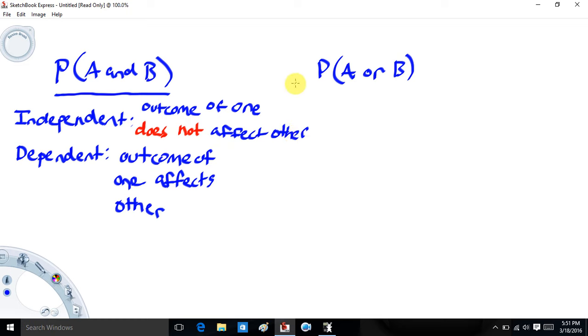Okay, so let's do an example. So let's just say if we roll a number cube, a die, and then toss a coin. Rolling a die has no effect on tossing the coin, so these 2 are independent.